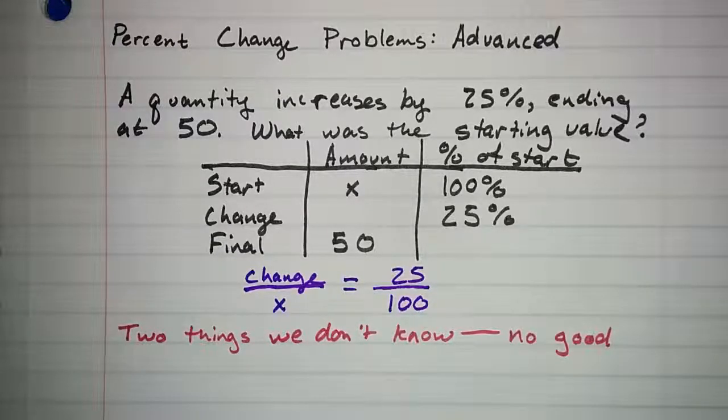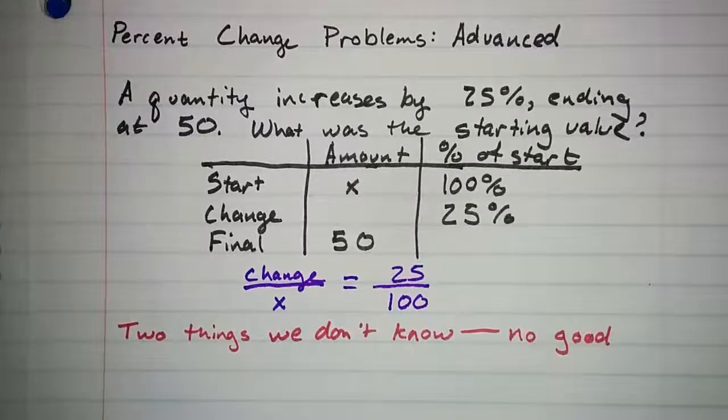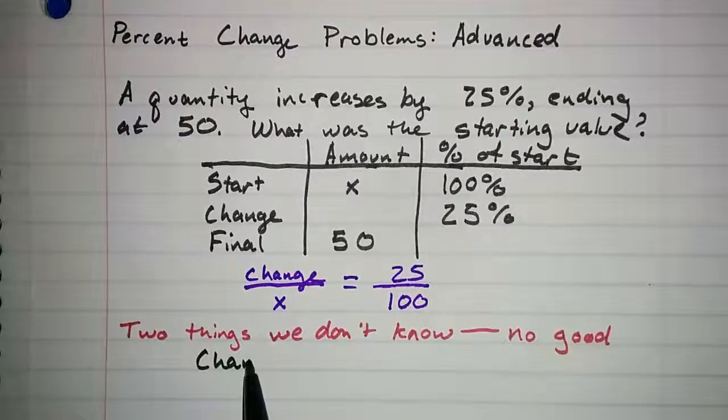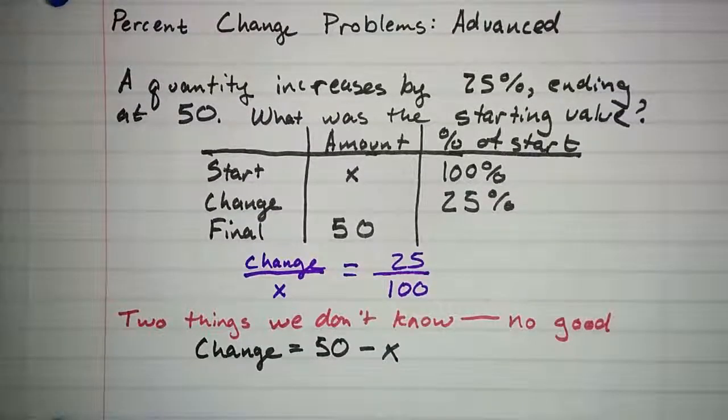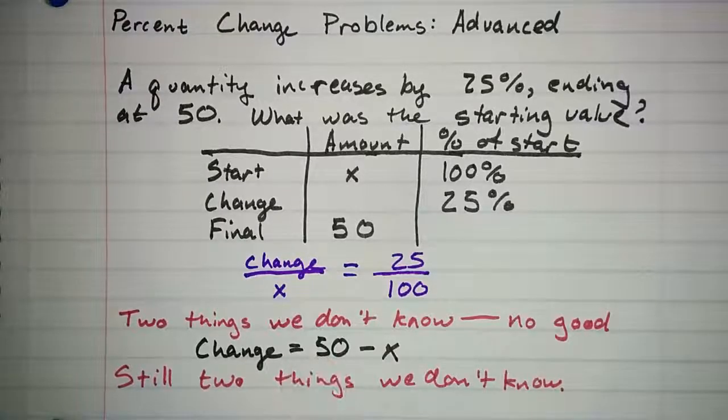We had to try addition or subtraction, right? We had to say, well, maybe we can say that the change is the final amount, that's 50, minus the starting amount, that's x. Maybe that's not going to work, is it? And it doesn't matter how we rephrase this sentence, it's still not going to work.